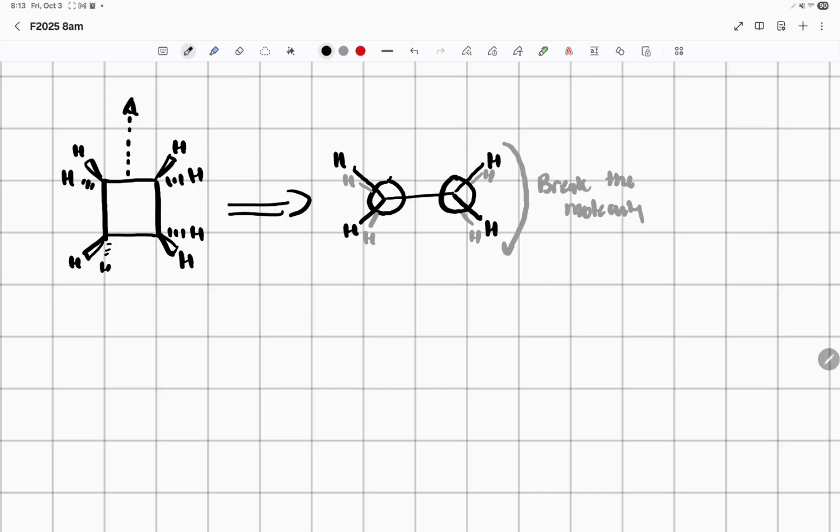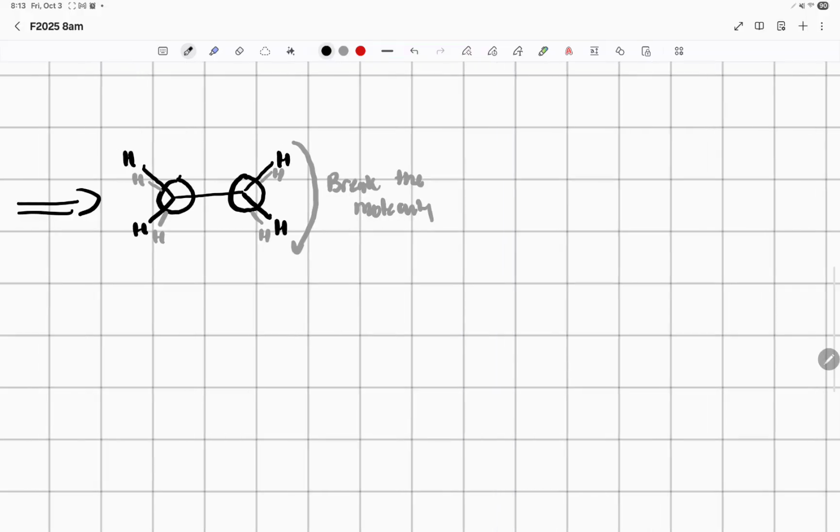So instead of being a fully planar molecule, as we might expect here, cyclobutane is going to distort itself to where instead, like I said, it's just going to do the best it can, which is not a great job.